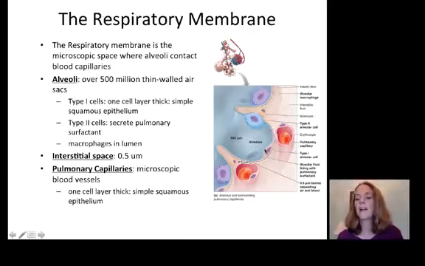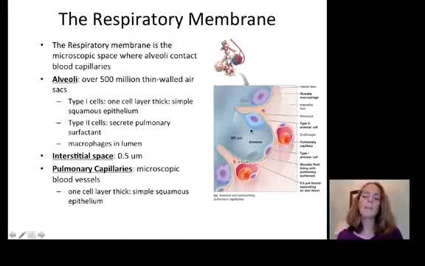That pulmonary surfactant is what we just talked about, which keeps the surface tension from getting too high and makes sure that the airways can stay open. Type 1 cells are the simple squamous epithelium that make up the walls of the alveoli.